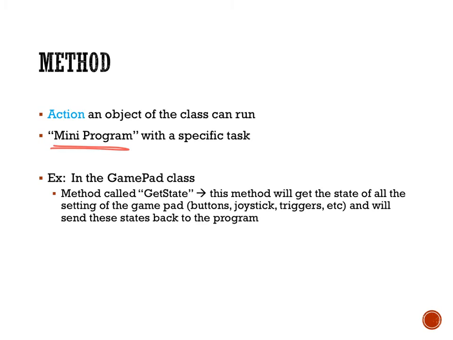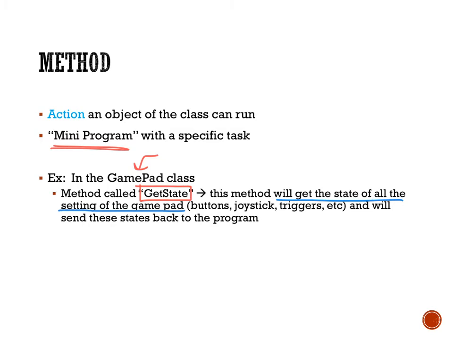So one example that you'll see in Unit 4 is a method called GetState. And GetState is a method from the GamePad class. What this method does, and the code that's written for it, is it will take in a specific gamepad. So whether you want it to look at pad 1, 2, 3, or 4. And it will get the state of the setting of all of the gamepad pieces.